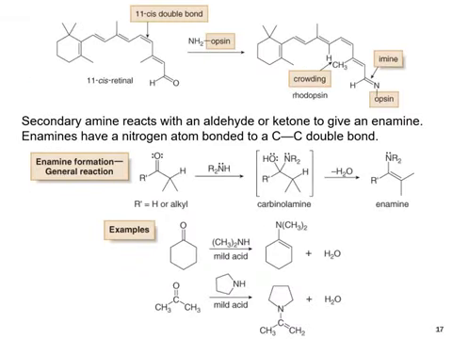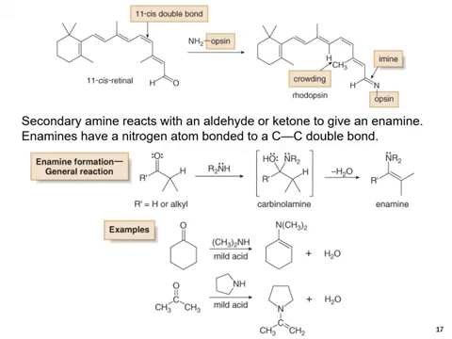This is the structure of 11-cis retinal. There is only one cis double bond in the structure; all other bonds are trans double bonds. So the NH2 of opsin attaches to the aldehyde group present at the terminal and gives the imine bond.